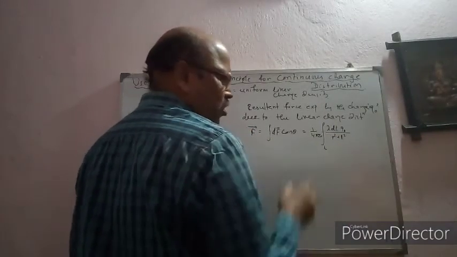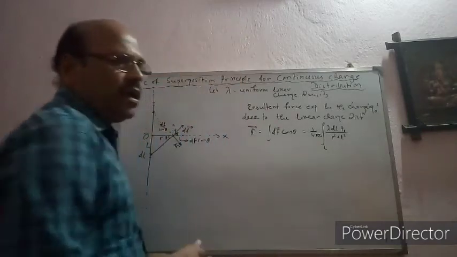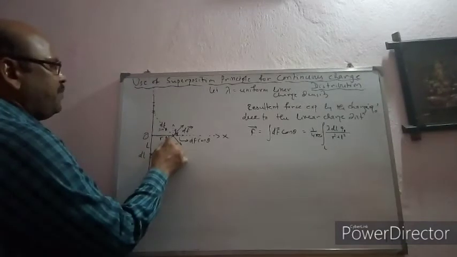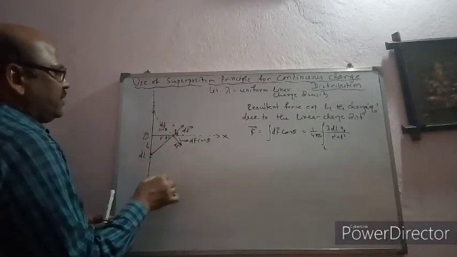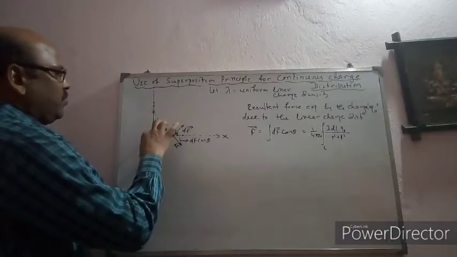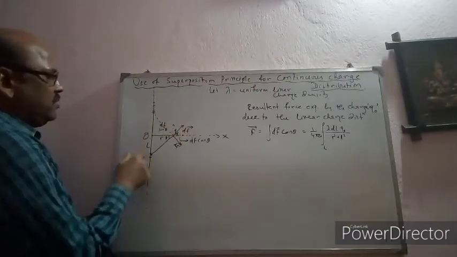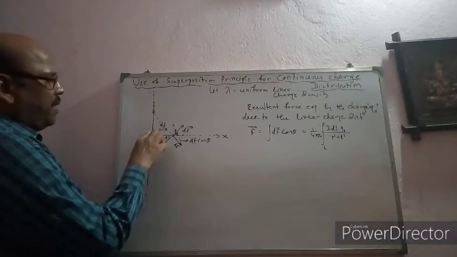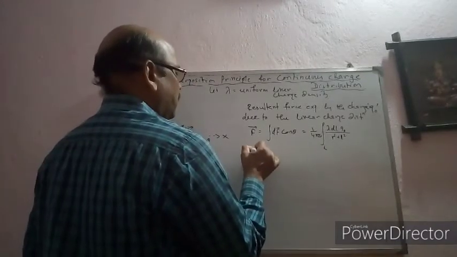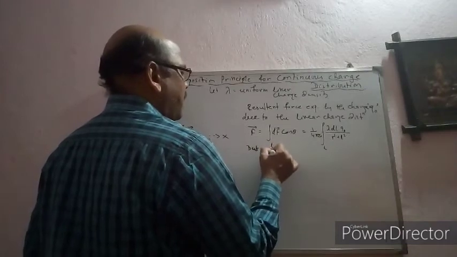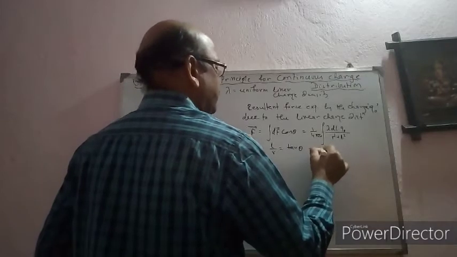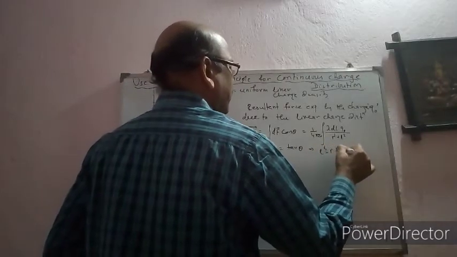Now in order to solve the integral, we have to make some substitution. If I take this angle as theta, then obviously L by R, perpendicular by base, is tan theta. So L by R is equal to tan theta. This implies L is equal to R tan theta.